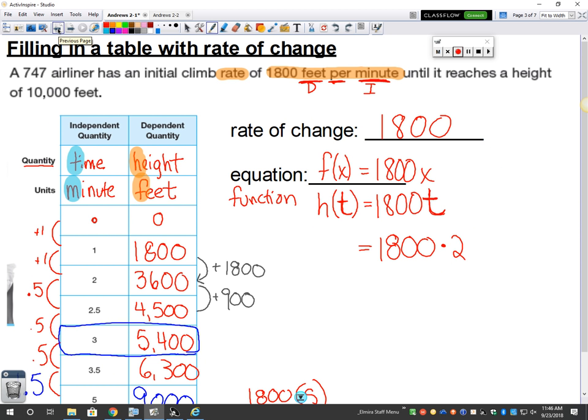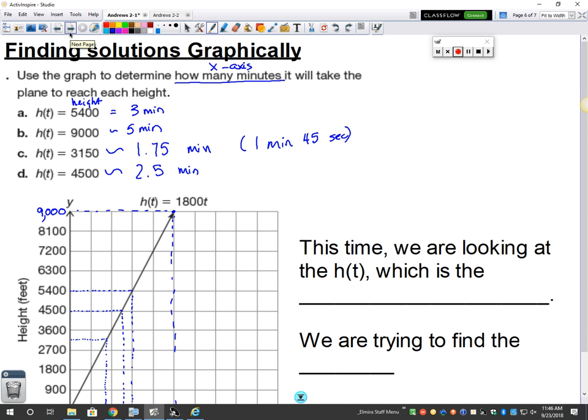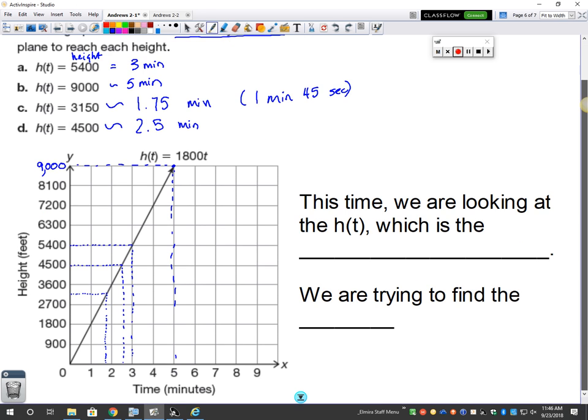Yep, 2.5 minutes. Okay, so we've got a graph here, but they're estimates. It's not an exact answer. It can be. We have the data to prove that 5 minutes and 3 minutes and 2.5 minutes.